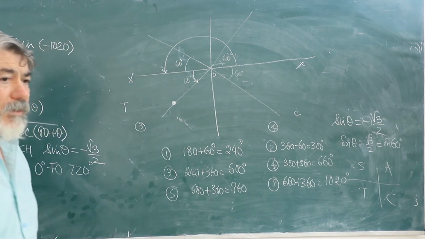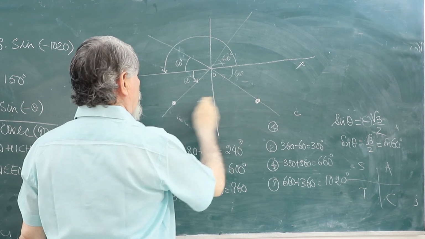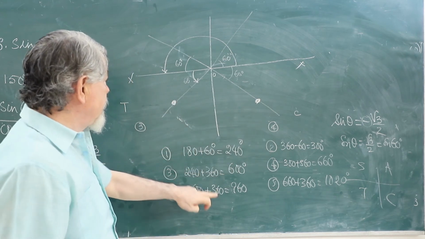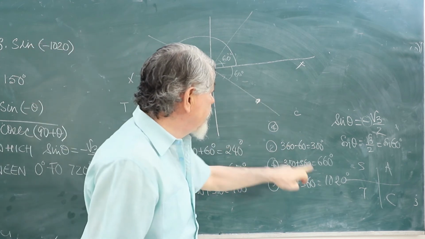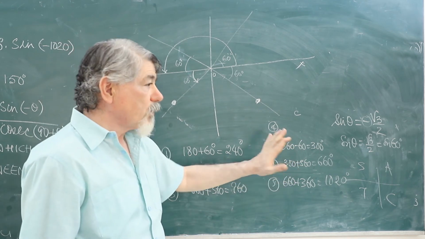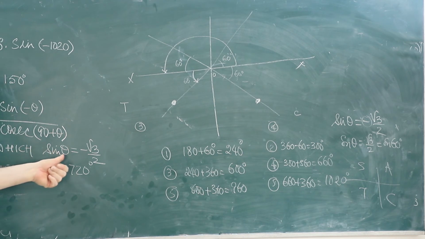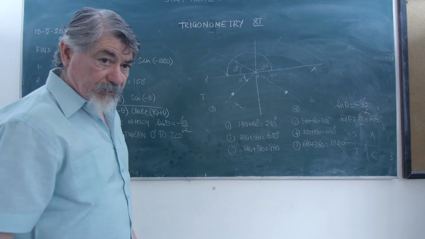So these are all the angles which will fall along this or this line: 240, 600, 960, 300, 660, 1020. These are the values corresponding to which the value of sine theta will be minus root 3 upon 2.